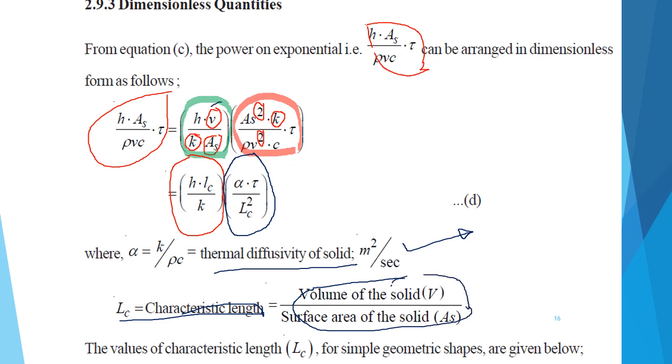So this is volume upon area. This is Lc, characteristic length, that is nothing but volume of the solid divided by surface area of the solid, and this characteristic length will be different for different shapes.